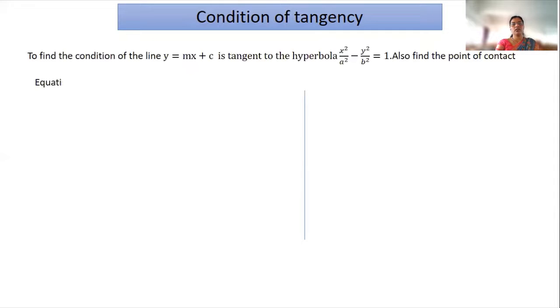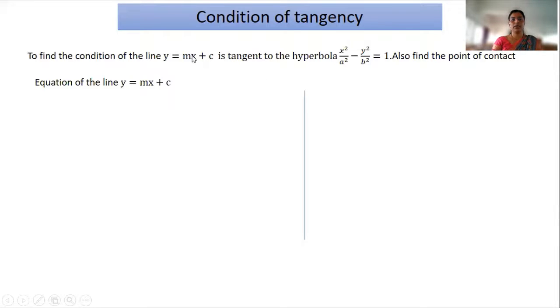And now the condition for tangency. To check whether the given line is a tangent to the given hyperbola or not, we will look at the condition for tangency. For that, consider a line y is equal to mx plus c and the equation of hyperbola is x square upon a square minus y square upon b square is 1.